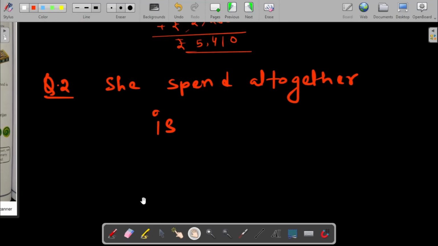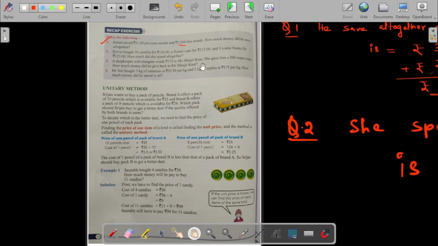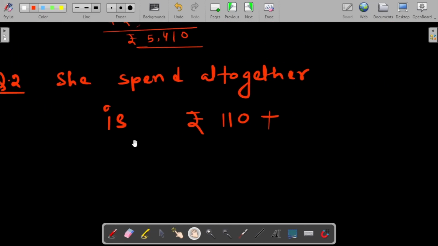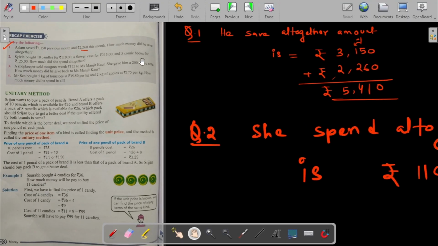Okay, so 10 candles for rupees 110, 110 plus for the flower 215, তাহলে ফুলের জন্য flower vase এর জন্য কত টাকা? 215, and we are adding it with the 5 comic books for 125.